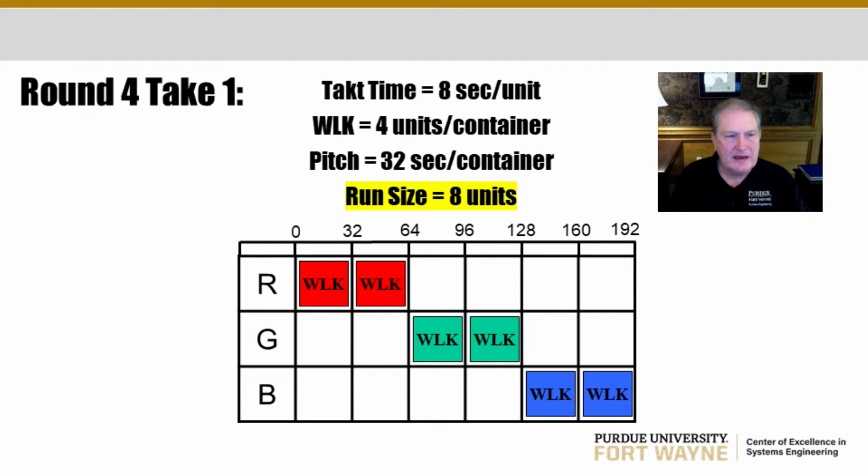And the pitch of removal of the cards is based on the takt time. So since the withdrawal Kanban card has 4 units in it and our takt time is 8, the pitch of removal is every 32 seconds for these withdrawal Kanban cards.